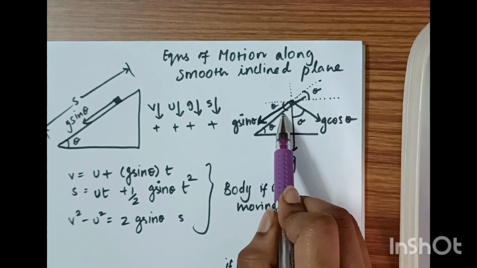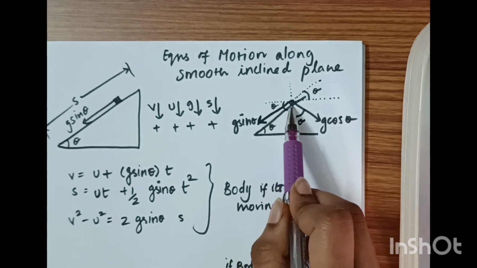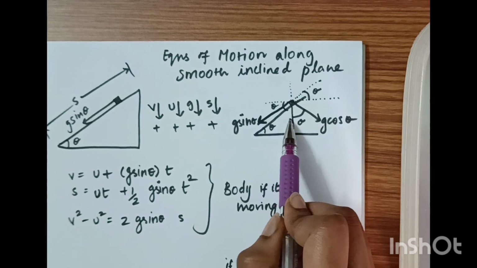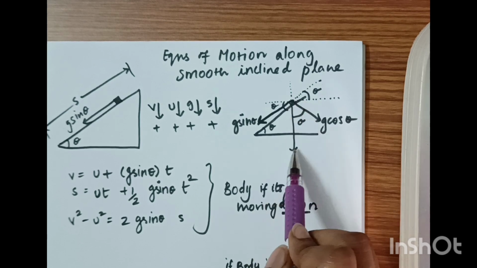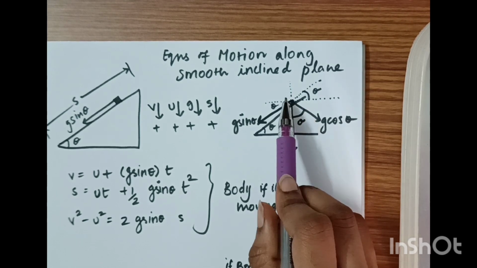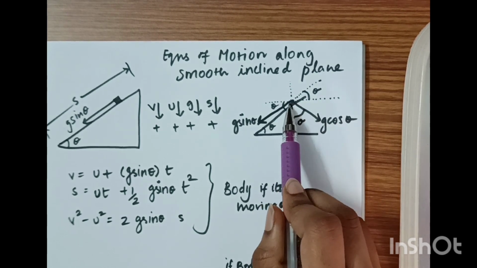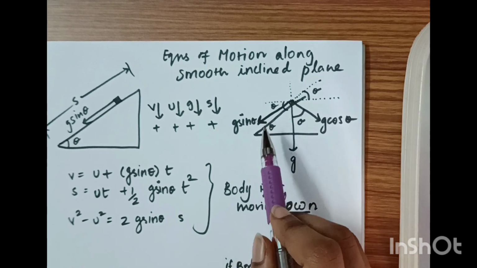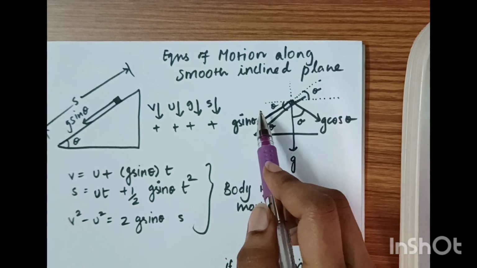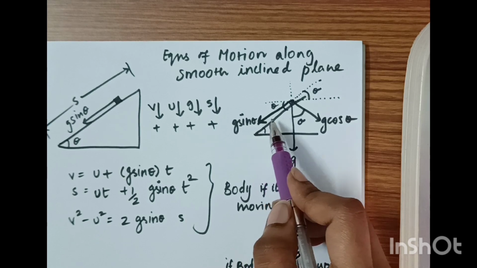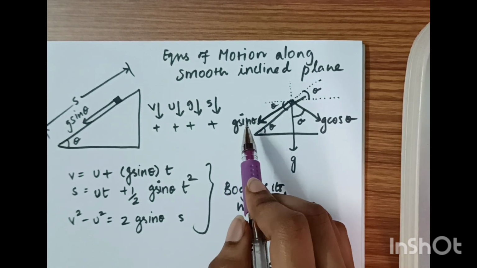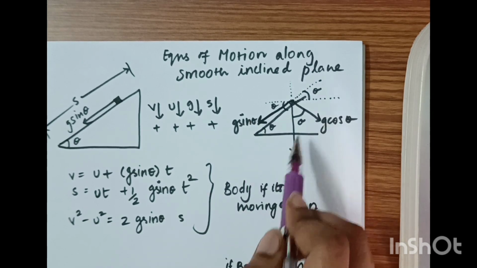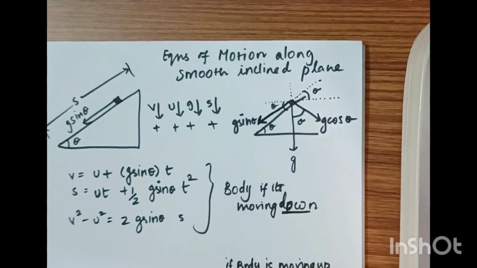Then this is 90 minus theta, and this is 90 degrees. So if this is g, this is theta, this is g cos theta, and this is g sin theta. So g sin theta is the acceleration due to gravity along the direction of motion. We should consider g sin theta only, not g cos theta or g.